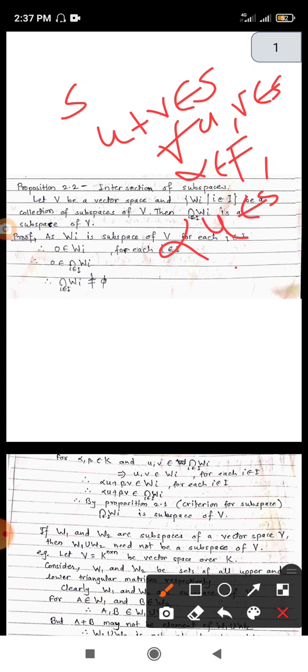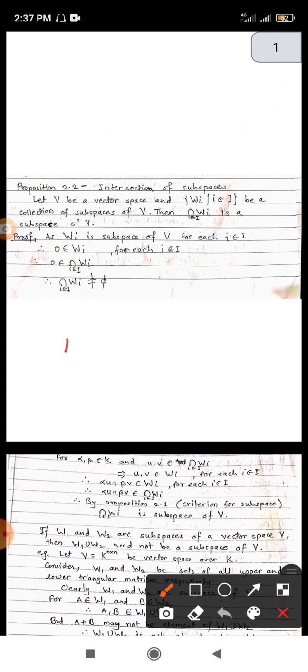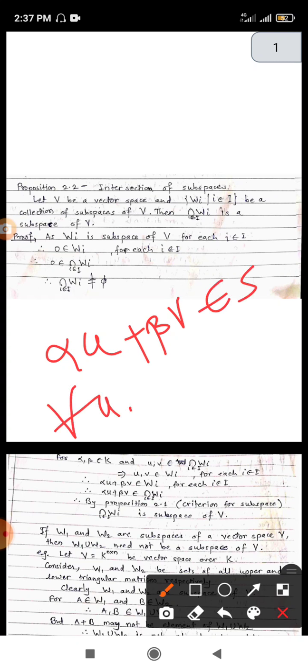This is an equivalent condition for a set S to be a subspace, or equivalently, alpha u plus beta v belongs to S for every u, v belongs to S and alpha, beta scalars. This is the equivalent criterion for checking that a non-empty subset S of a vector space V is a subspace.